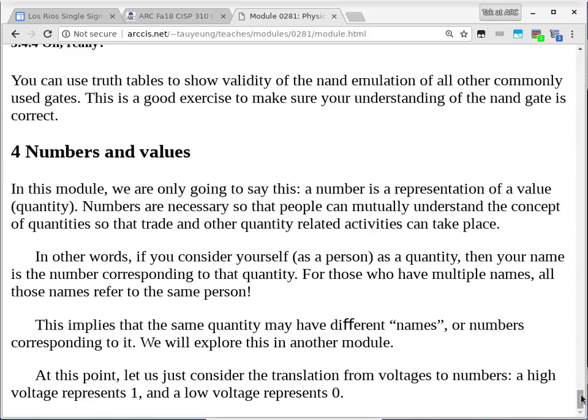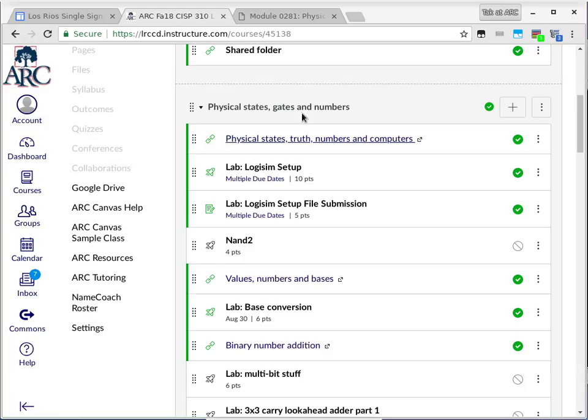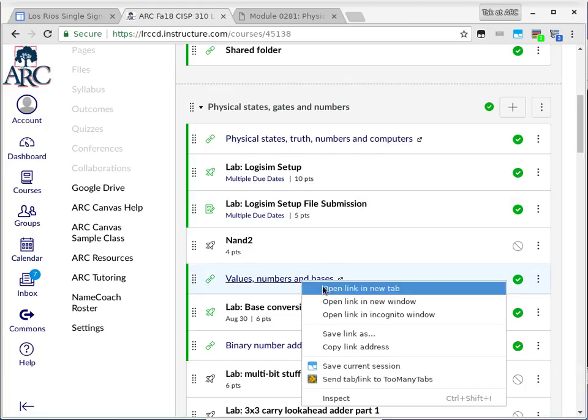So are we doing okay so far, making that distinction between a value, which is kind of abstract, as opposed to a number, which is a representation of that so that you can communicate with another person? Okay, all right, cool. So with that in mind, we are moving on to base conversion. So this is the next slide. This is the slide that we're going to talk about today.